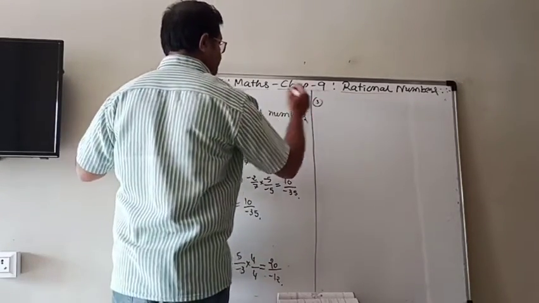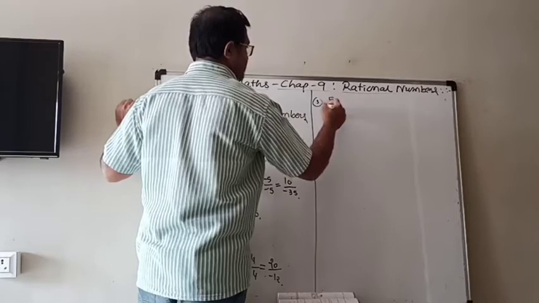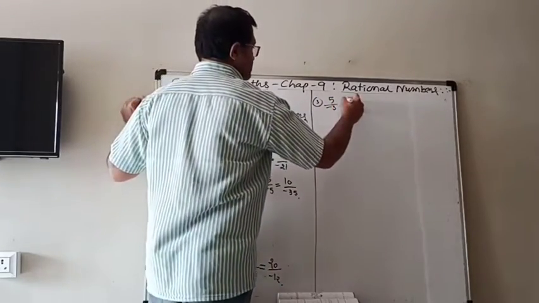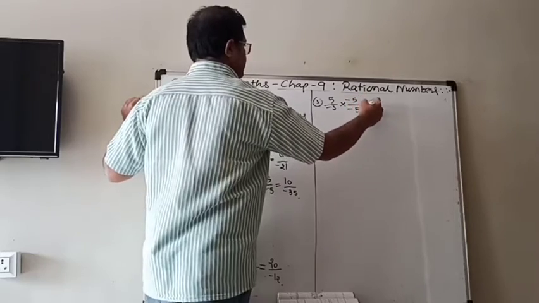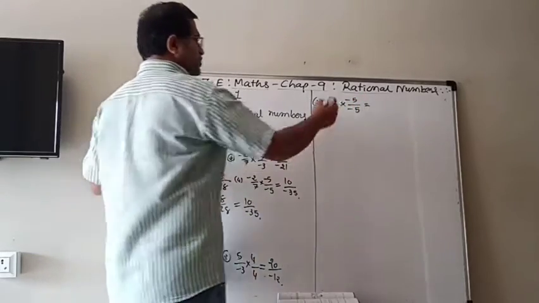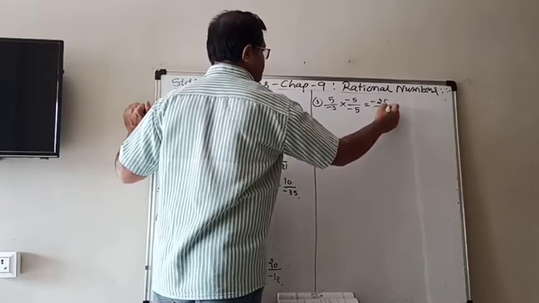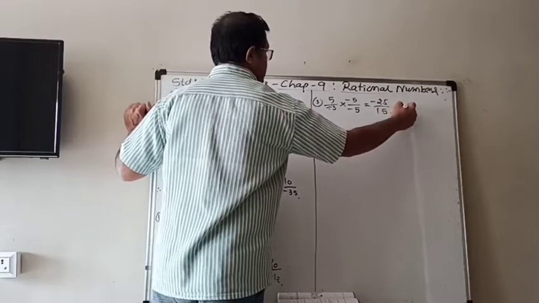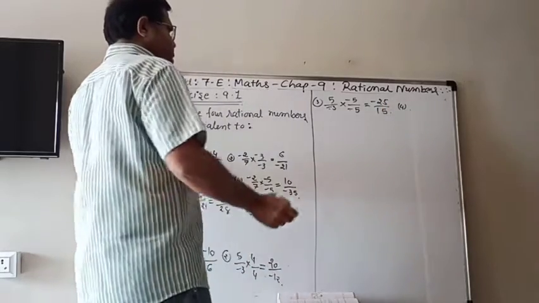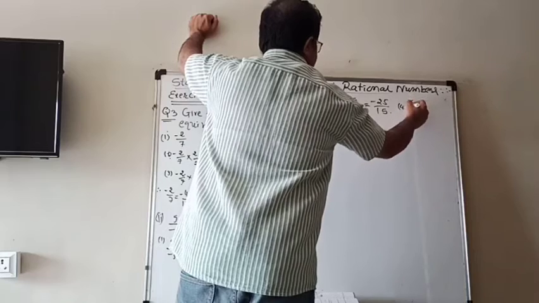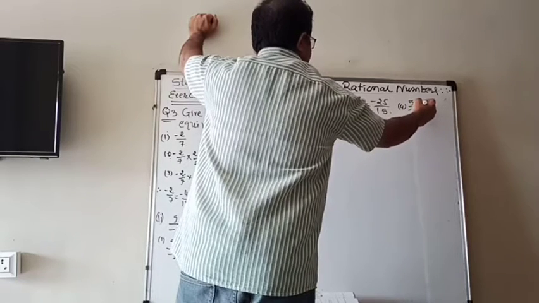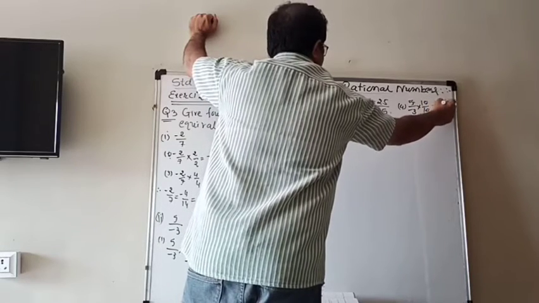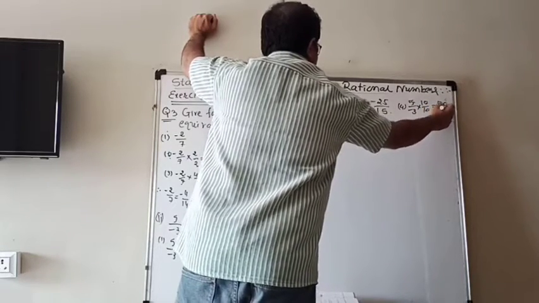Take the third one here. 5 upon minus 3 multiplied by minus 5 upon minus 5 is equal to 5 fives are 25, so minus 25, and minus minus plus, 3 fives are 15. And the fourth one, 5 upon minus 3 multiplied by, say, 10 upon 10 is equal to 10 fives are 50 upon minus 30.